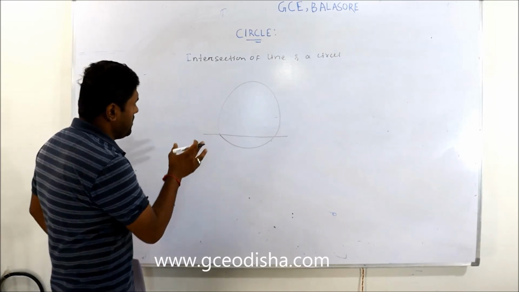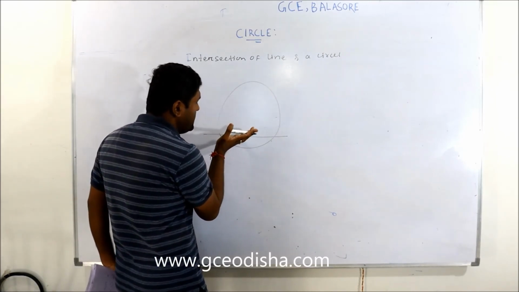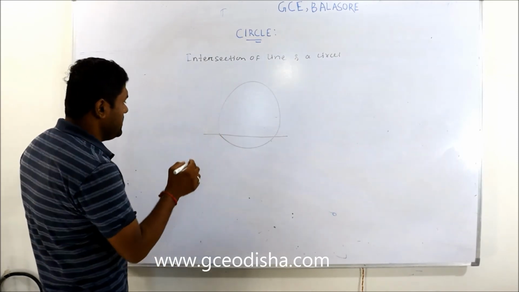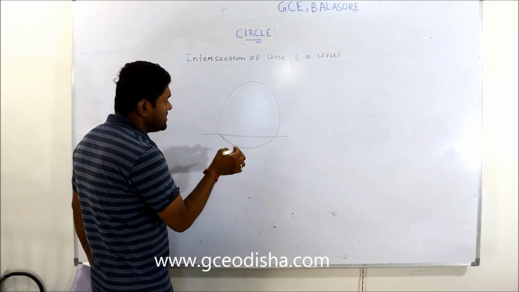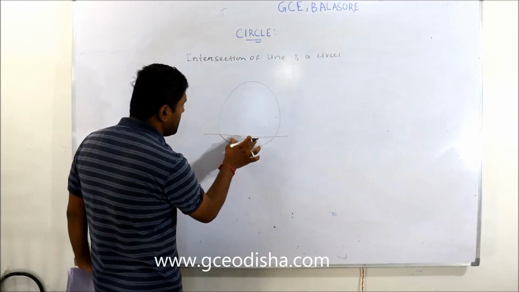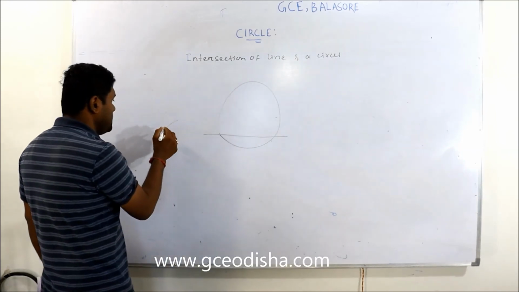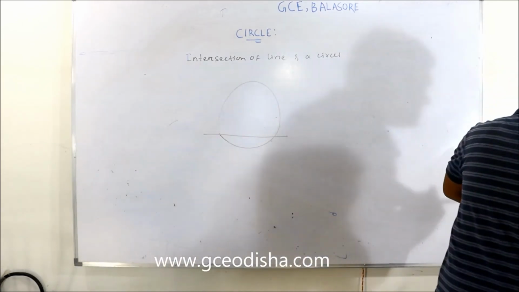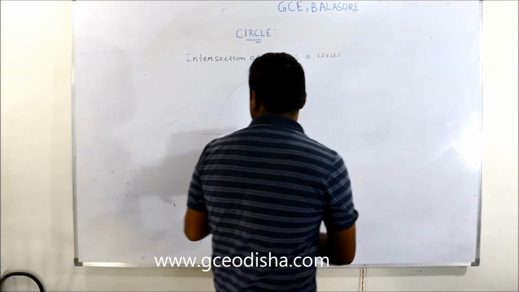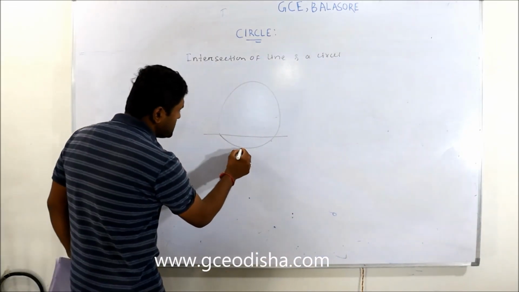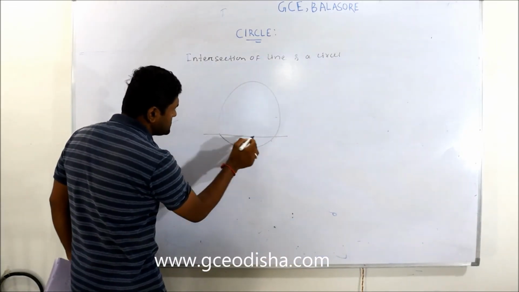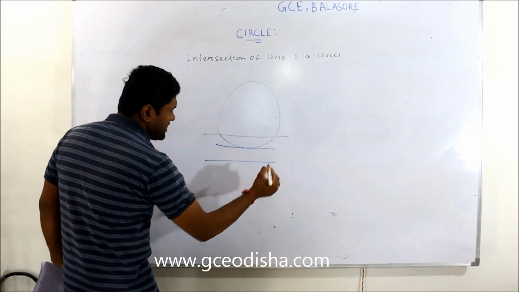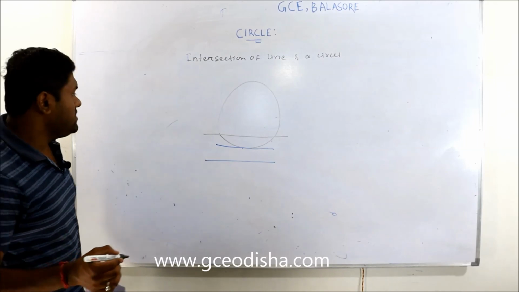The question comes like this: does the line intersect the circle? Given a line and the equation of a circle, they ask to find whether the line cuts the circle, touches the circle, or is outside the circle. How can you find that?